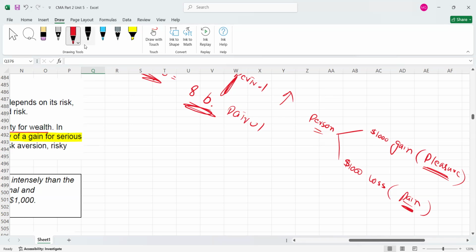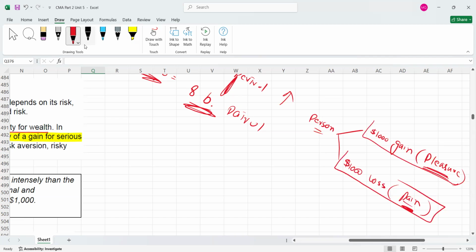Please remember, if you are a risk averse person, you will give more importance to the loss and less importance to the gain. So if this is the scenario, you may have an opportunity to make $1,000, or you may have a chance of losing $1,000 as well.